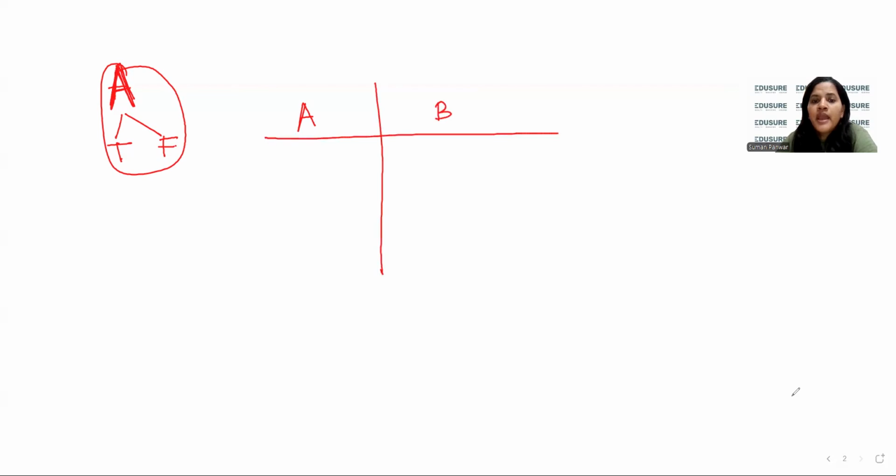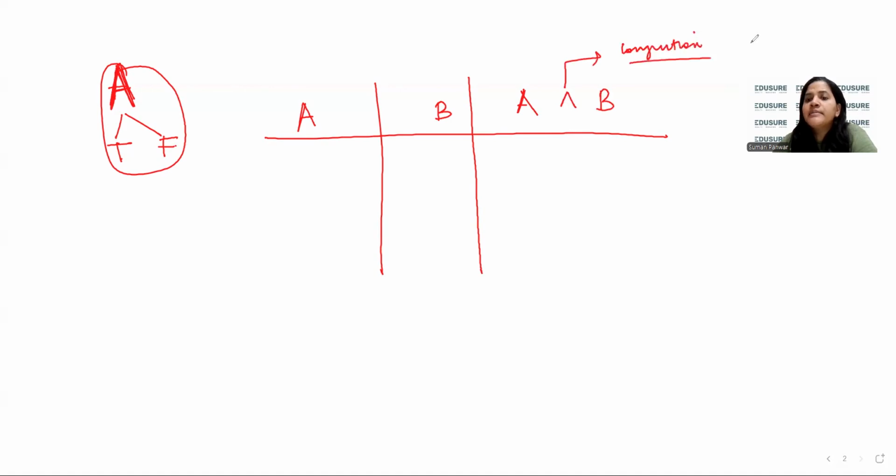Okay. And we define something known as conjunction. This thing is known as conjunction. Conjunction basically means and. Okay, that means A and B happening together.